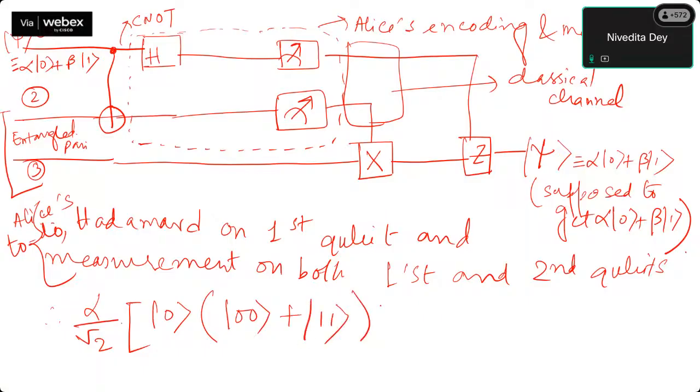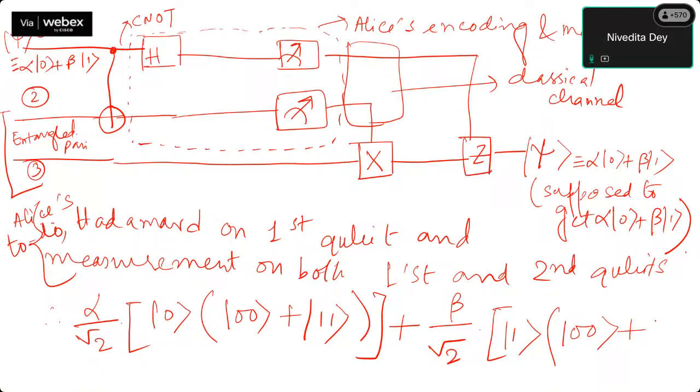Through some algebraic simplification, we can get this thing plus beta by root 2 times ket 1 into (00 plus 11).